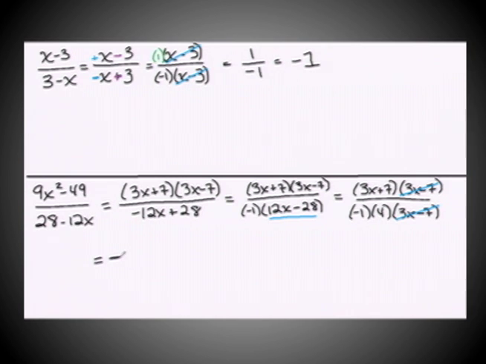So it's a positive divided by a negative, which is just going to make this entire expression negative. So I'm going to pull that negative 1 out front, and it will be multiplied with the entire expression, 3x plus 7 divided by 4. So your final simplified form of the rational expression is negative 3x plus 7 over 4.